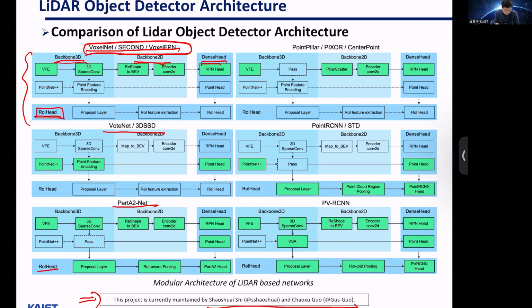This one uses a PointNet encoder, which I will explain further later, and then directly goes to dense head, which regresses the 3D object detection metrics.